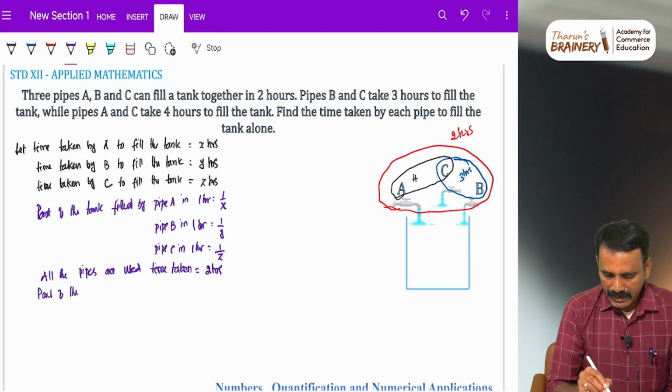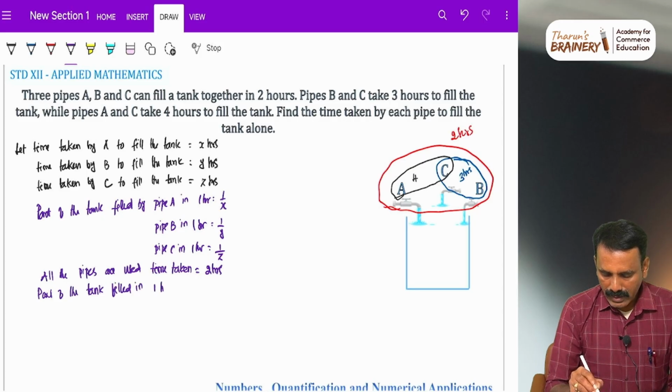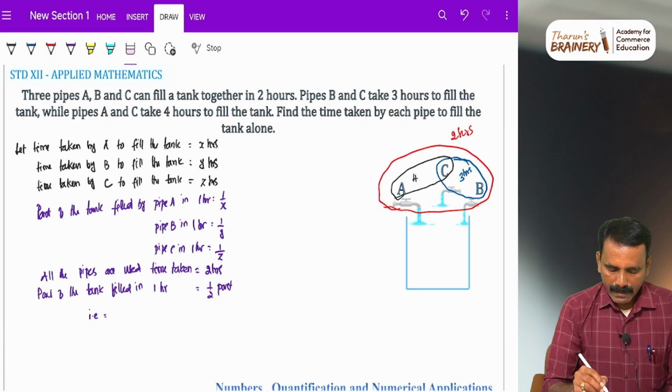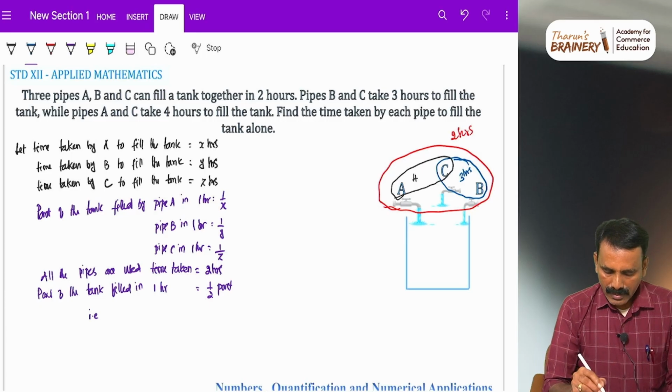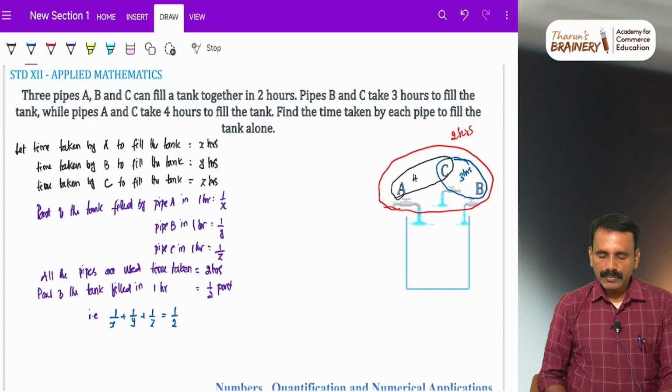So part of the tank filled in 1 hour will be 1 by 2 part, that is 1 by x plus 1 by y plus 1 by z is equal to 1 by 2. Okay.